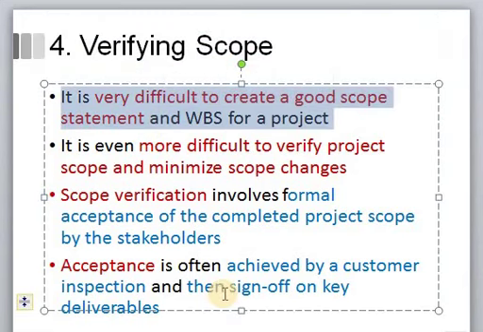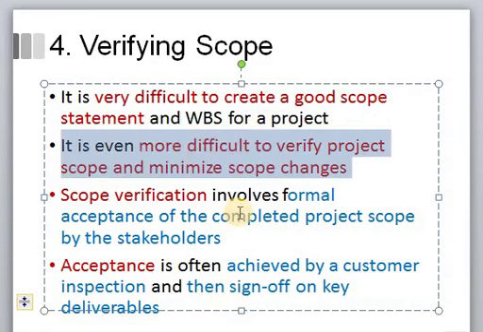The fourth process that we will consider is verifying the scope. It is very difficult to create a good scope statement and work breakdown structure for a project, because on the basis of the scope statement and work breakdown structure, several other activities, estimations and scheduling processes will be implemented.